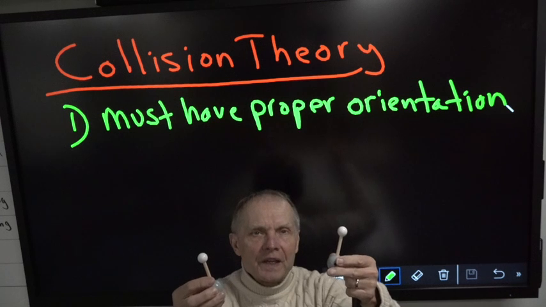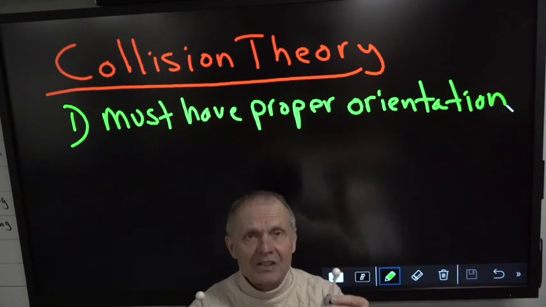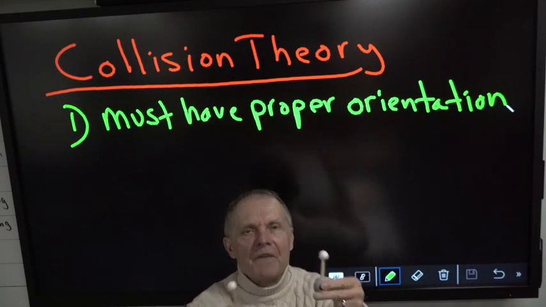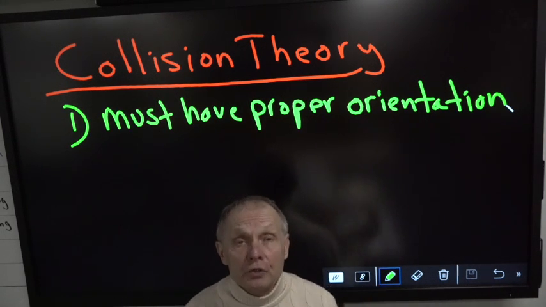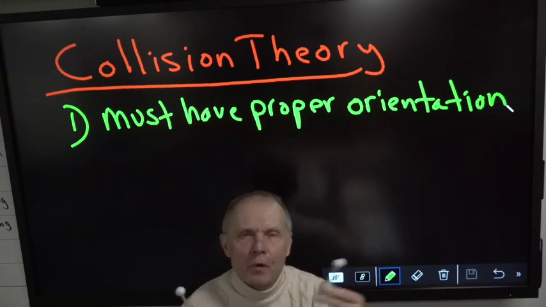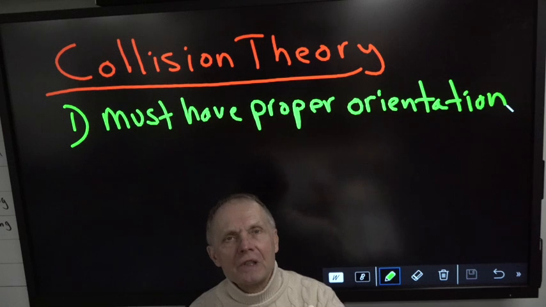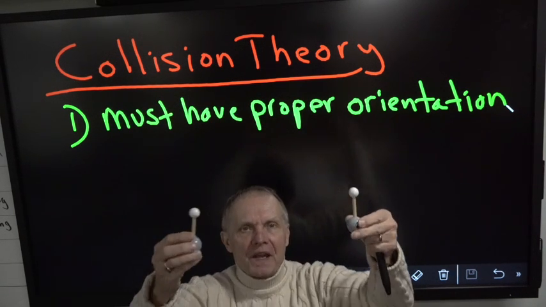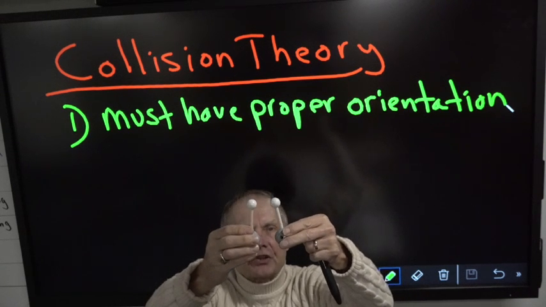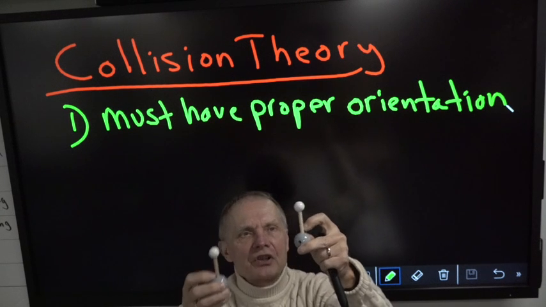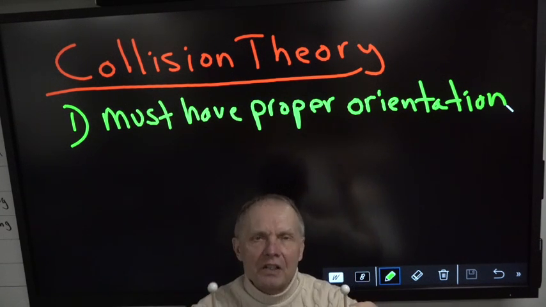Now, the other thing is this. The big deal is they not only have to hit precisely, they have to have enough energy to do something. So what do they have to do? Before forming new bonds, they have to break the old bonds. So if they have proper orientation and they just glance off each other, that's not going to break this HI bond here and the HI bond here.